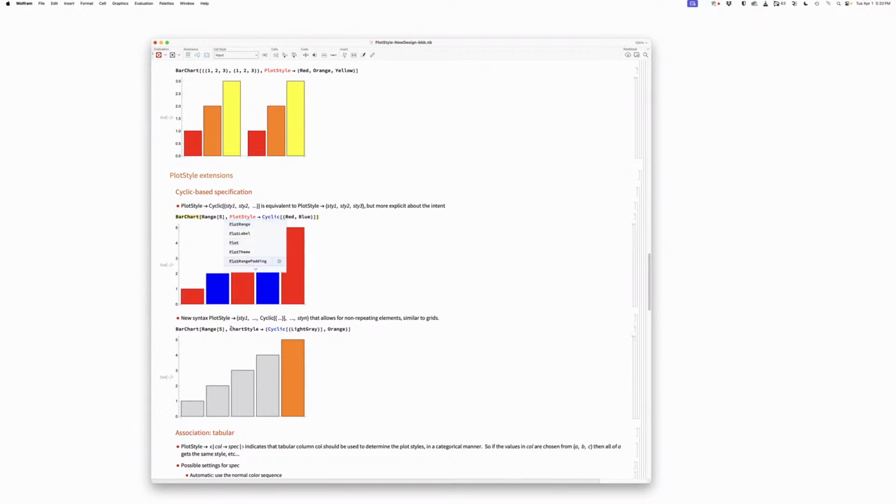If you wanted to do gray bars with the last orange one, right now it would either be chart style goes to gray, gray, gray, gray, orange, or chart style goes to gray and you put a style wrapper on the last element in the list. Neither of which I consider terrible.